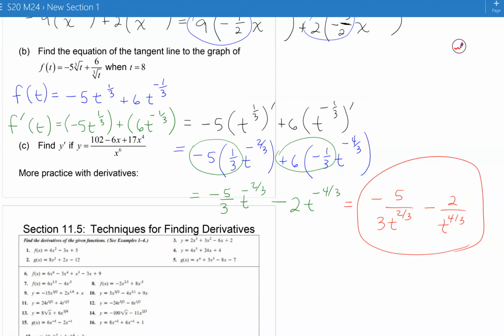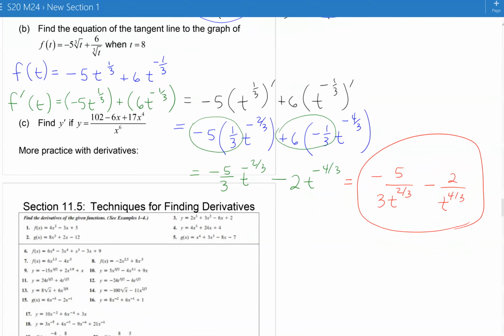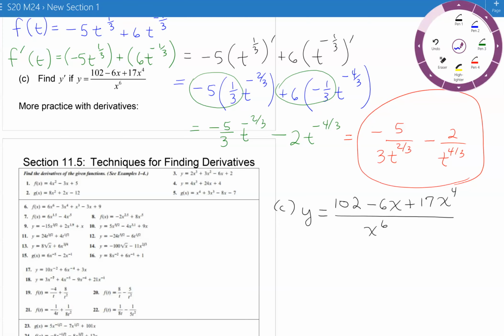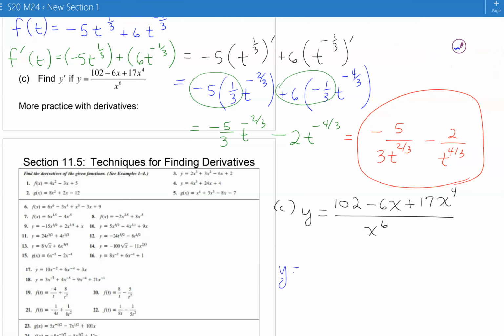Okay, then the third example I want to show you is C, where I have y equals 102 minus 6x plus 17x to the 4th over x to the 6th. There's more than one way to approach this, so I'm going to show you how I would do it.